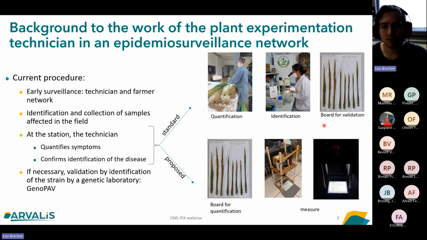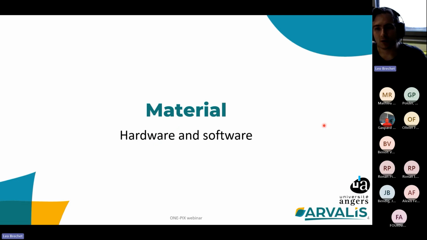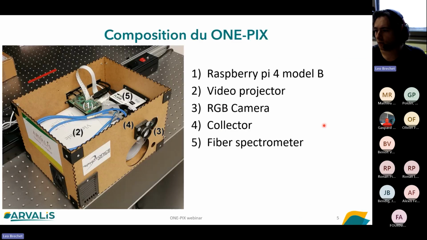So now we'll be talking about the ONE-PIX. So it's composed by these five main components. So first, the computer that drives everything is a Raspberry Pi 4 Model B. We also can see a video projector that can send structured light on the scene.